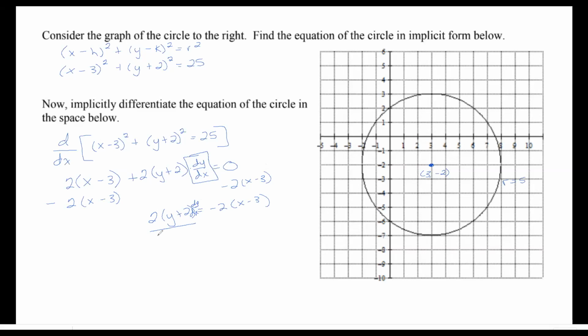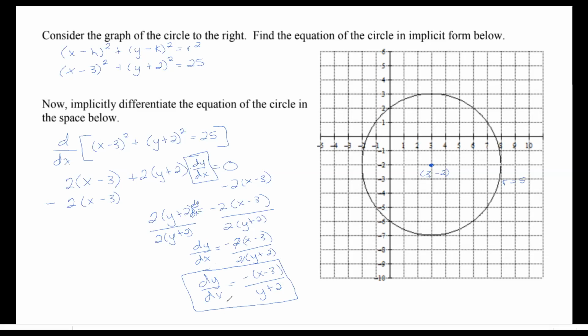All right, then I'm going to divide by this whole expression. So we end up with negative 2 times x subtract 3 over 2 times y plus 2. My 2's cancel. And so I'm left with dy dx equal to negative x subtract 3 over y plus 2. So this provides the derivative for any point on that circle.